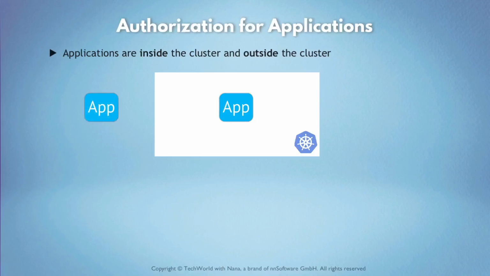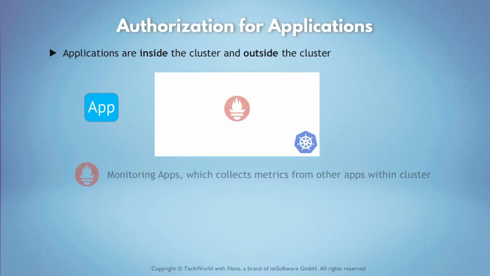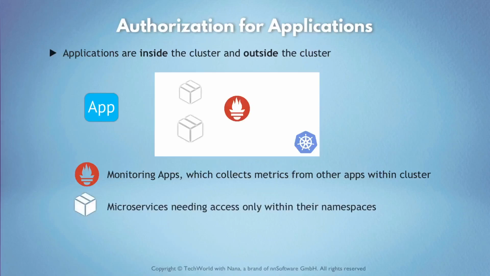For example, inside the cluster, we may have a monitoring application like Prometheus that needs access to all other applications to collect metrics from them. And we also may have microservices applications that only need resources and access to resources within their specific namespace. These applications are running inside the cluster and are talking to other applications or using other resources in the cluster.